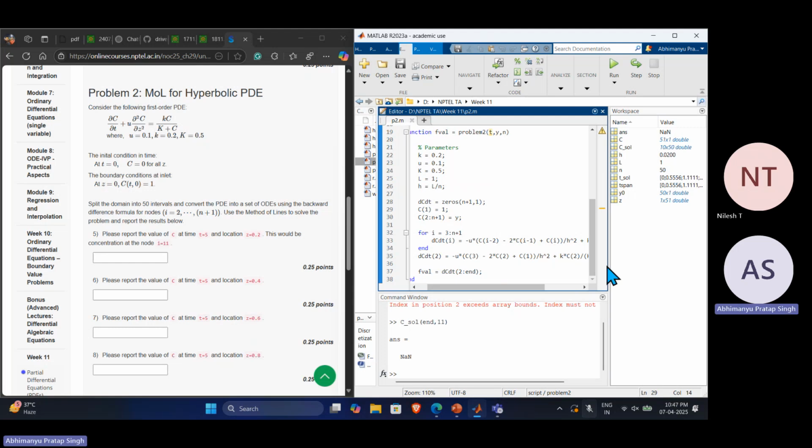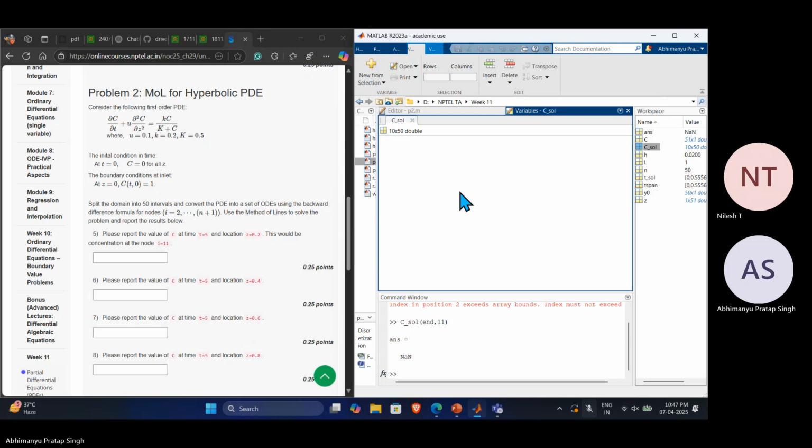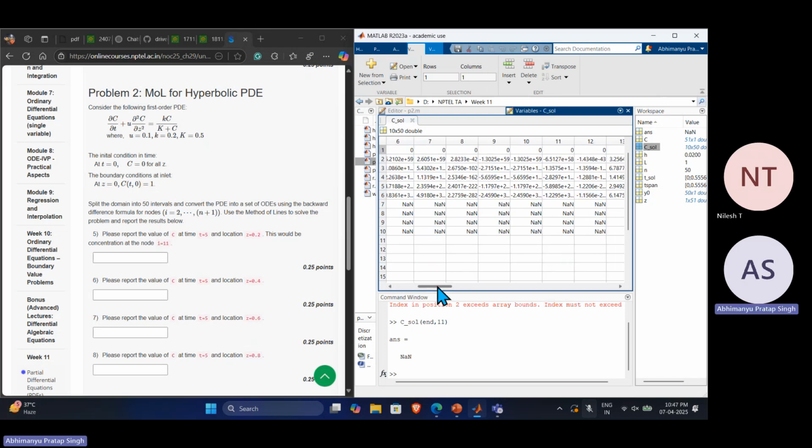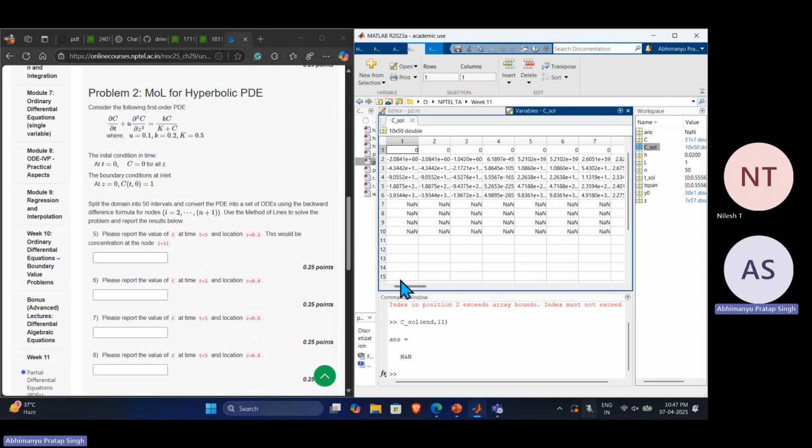Something is happening. It's becoming unstable. Initially the first one is 0 only, then from the second one itself it's becoming very high values.